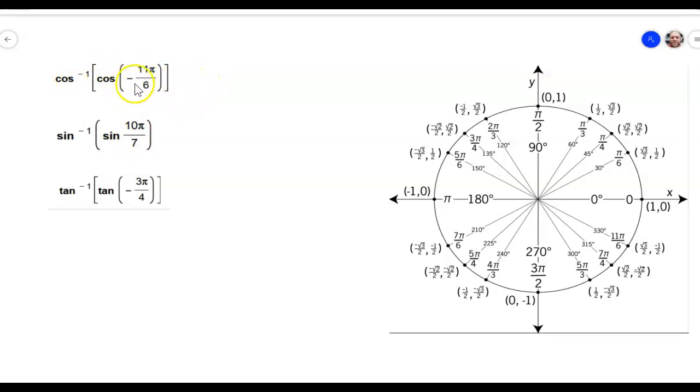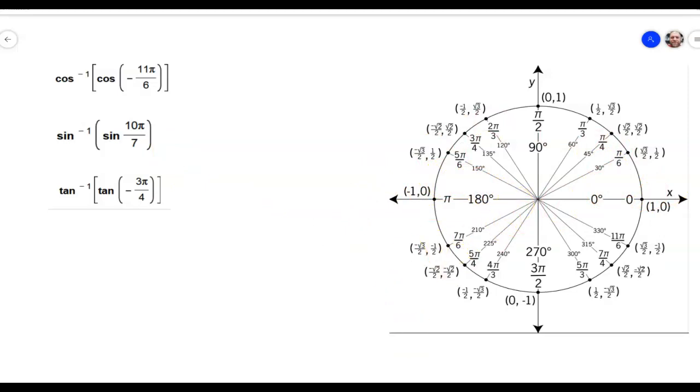For example, if this value here is in our domain of the inverse cosine function, then this is just going to equal -11 pi over 6. We just need to make sure that this is in our domain. So where is -11 pi over 6? It's definitely not between 0 and 2 pi.